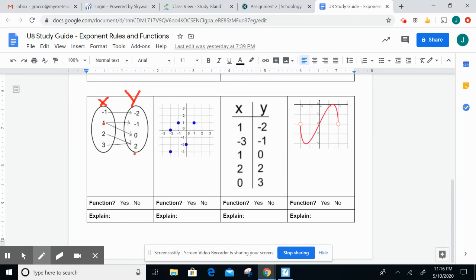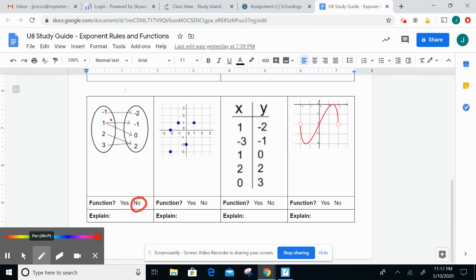But here's the problem. If I plug in a 1, I'm either going to get a -1 or a 0. That's a problem. I should only get one number back. If I plug in a 1, it's going to be either a -1 or 0. It's a gamble, and I don't know which one it's going to be. I want to know exactly what's going to come out. So I put in a 1, and a -1 or 0 might come out.